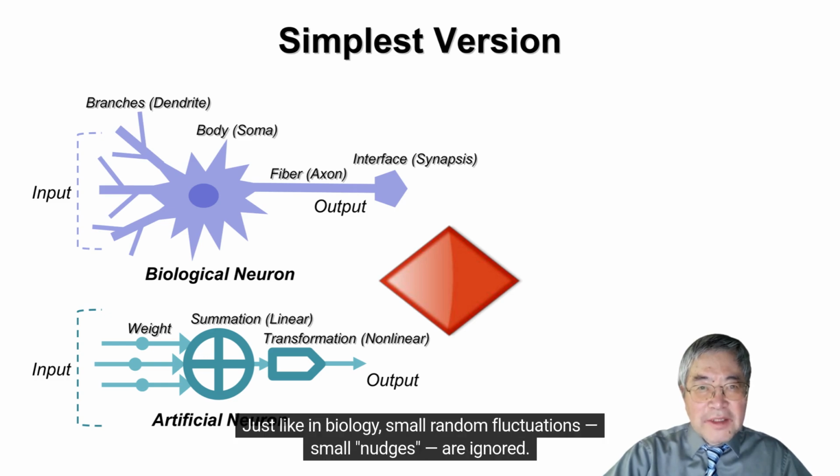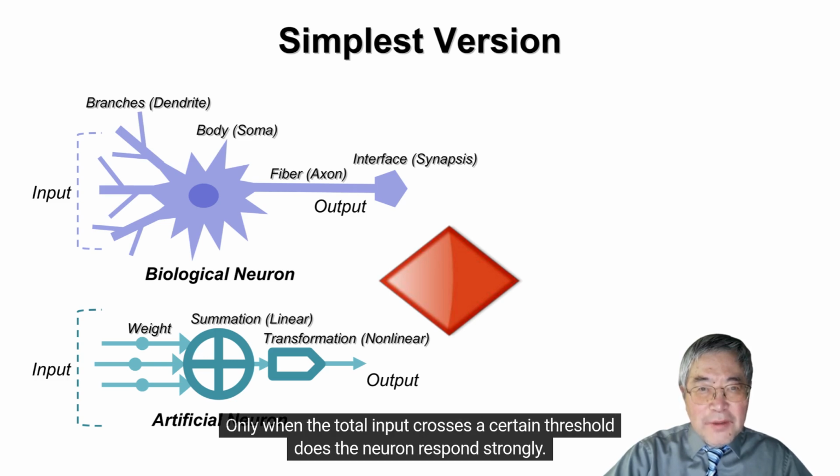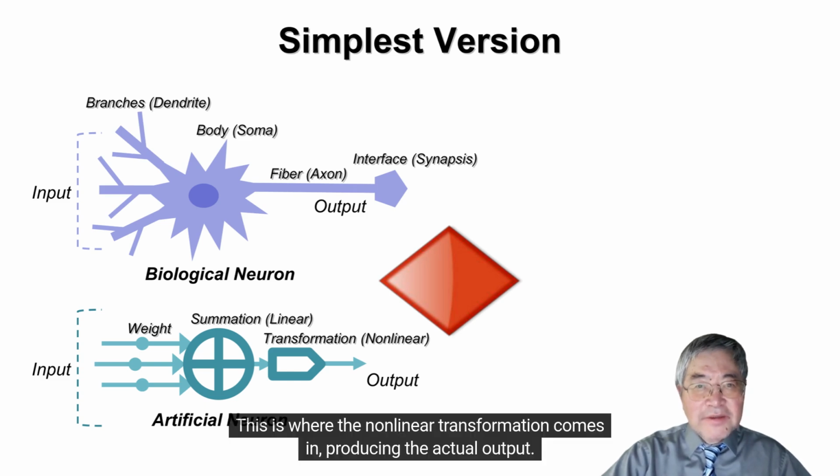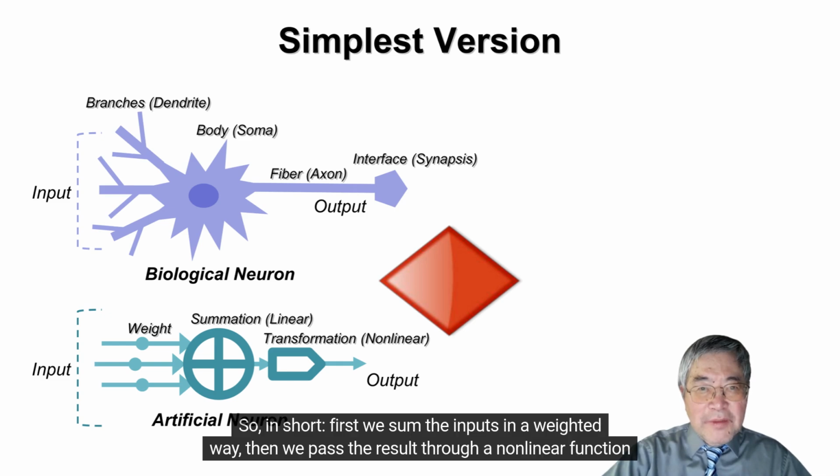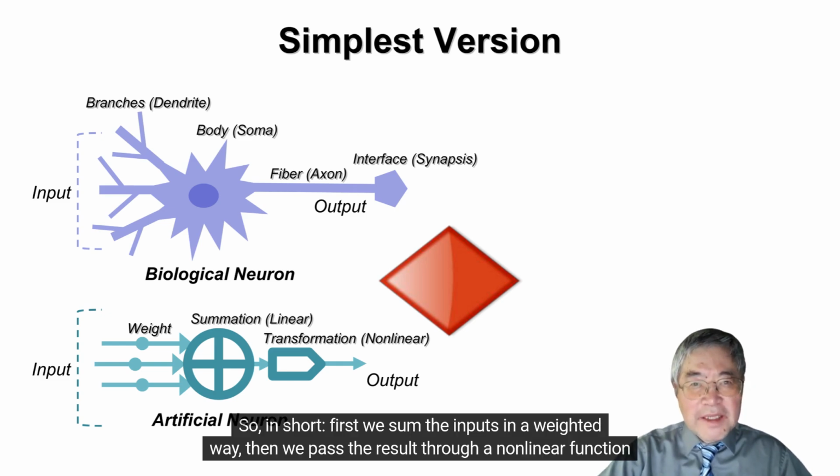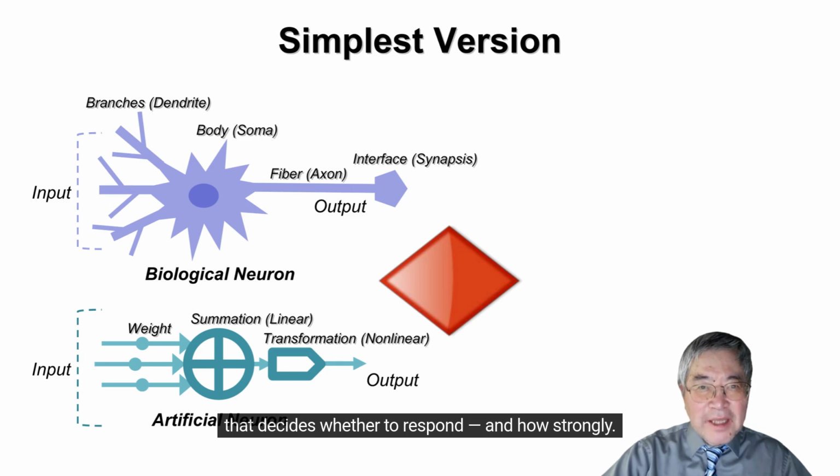Just like in biology, small random fluctuations, small nudges, are ignored. Only when the total input crosses a certain threshold does the neuron respond strongly. This is where the nonlinear transformation comes in, producing the actual output. So, in short, first we sum the inputs in a weighted way, then we pass the result through a nonlinear function that decides whether to respond and how strongly.